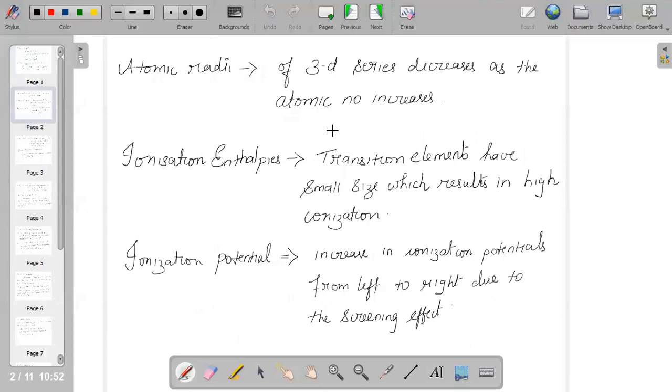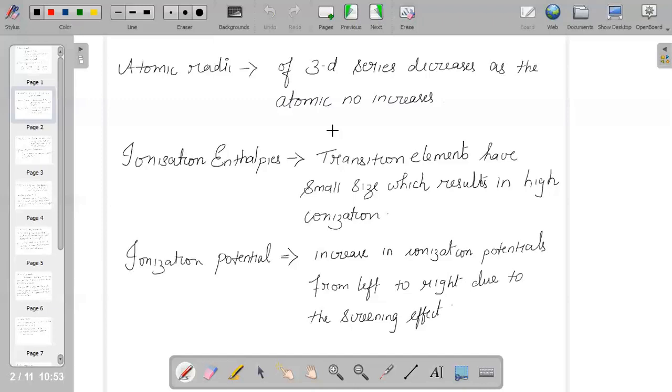We have to compare those properties of the D block elements with any other block. What are the properties we should consider? Immediately, the first thing that comes to mind is atomic radii.